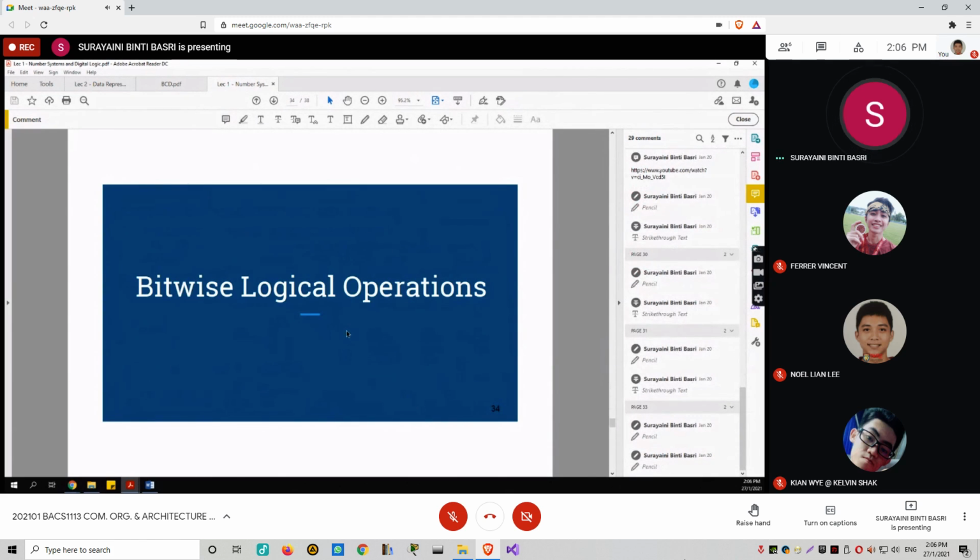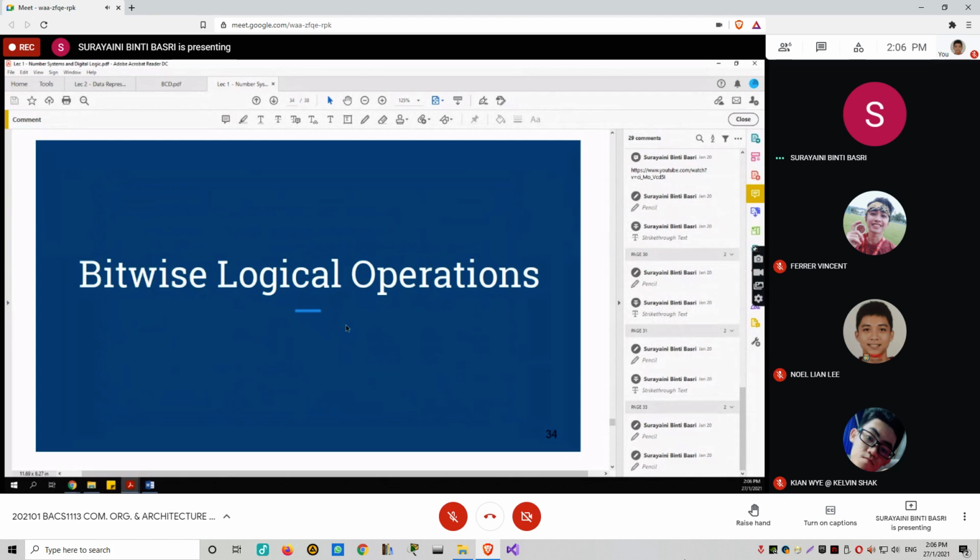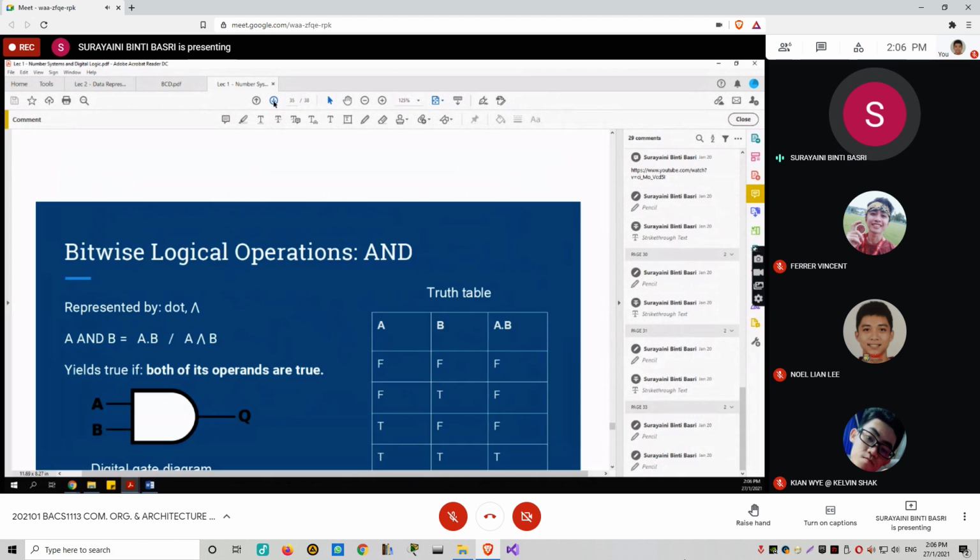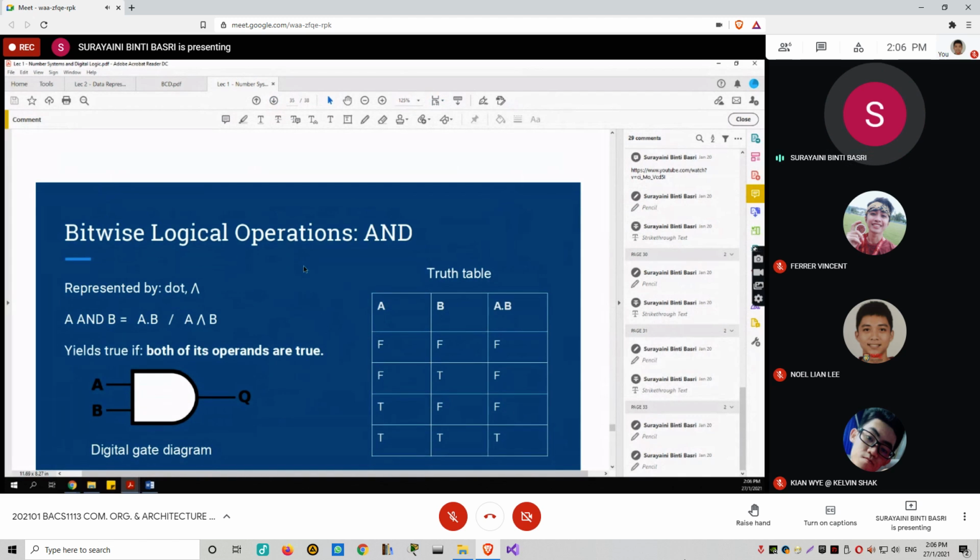Okay, so in this topic we will introduce the logical operations. We will learn about the diagram for logical operations.